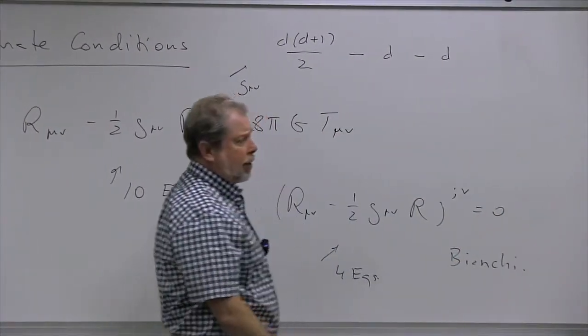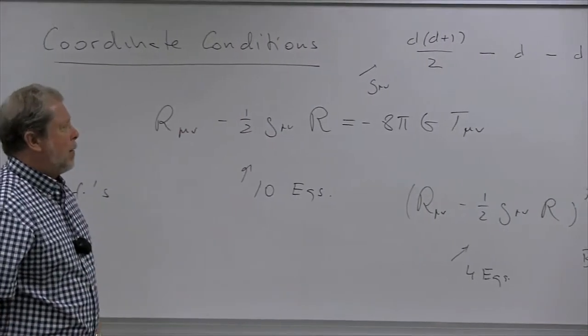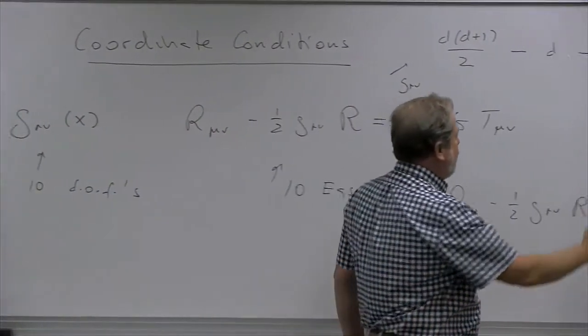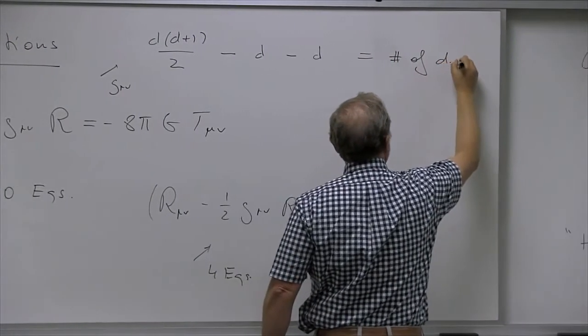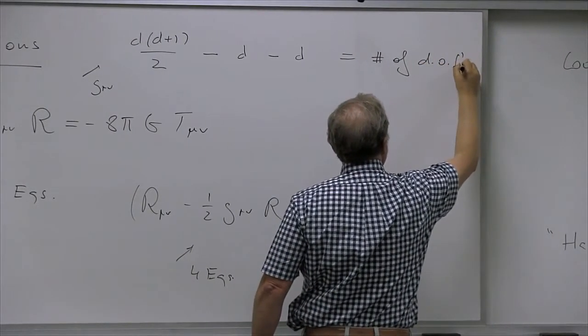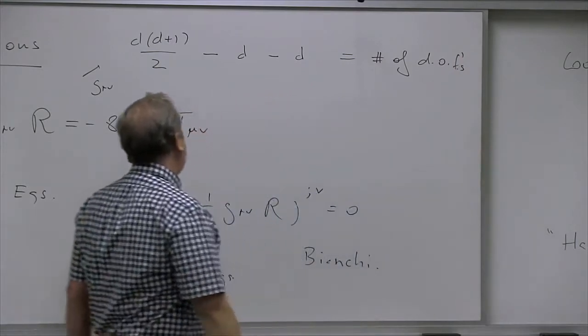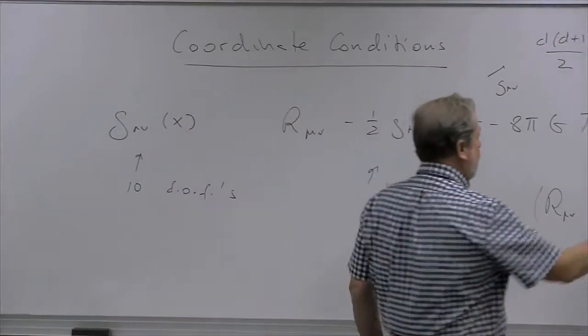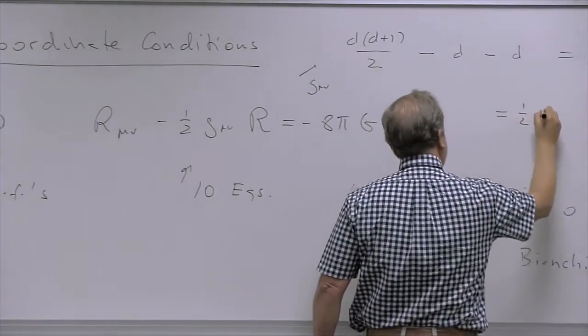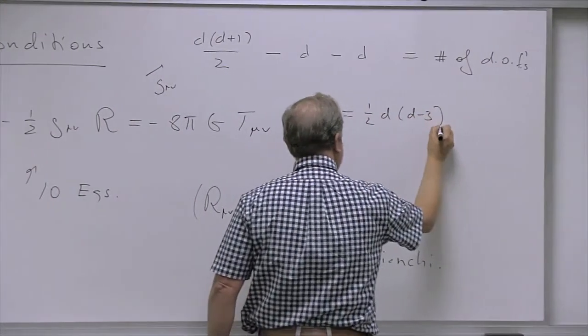It's easy to see, for example, again in the weak field limit. And so you get that the number of degrees of freedom is equal to d times (d plus 1) over 2, minus d twice. And so this is 1/2 times d(d minus 3).